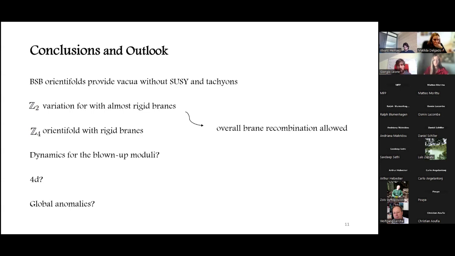Also, one can try to extend the result to the 4-dimensional case, and one can try to study the consistency of these vacua under more general kinds of anomalies, which test the consistency of the vacuum under topology changes, so-called Dai-Freed anomalies. And so with this, I would like to end my presentation, and thank you for your attention.